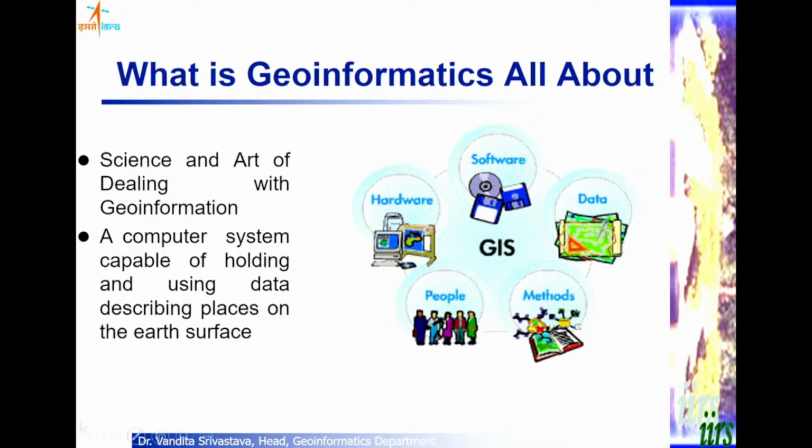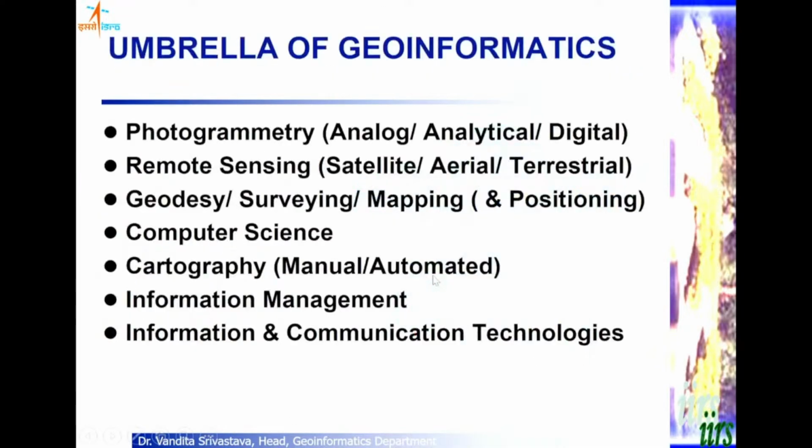Now that is all about GIS. This GIS is not a pure science in itself. It has amalgamated from various sciences and engineering branches. So it encompasses a much bigger umbrella than just GIS.